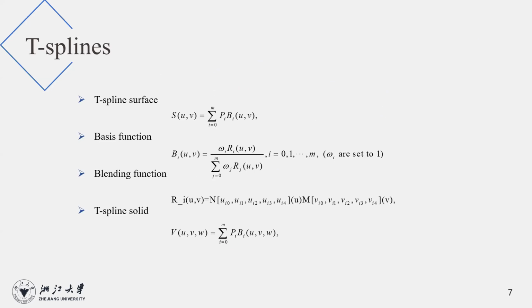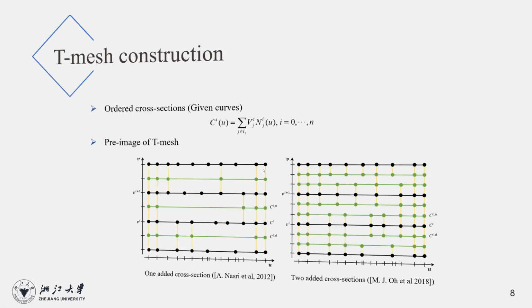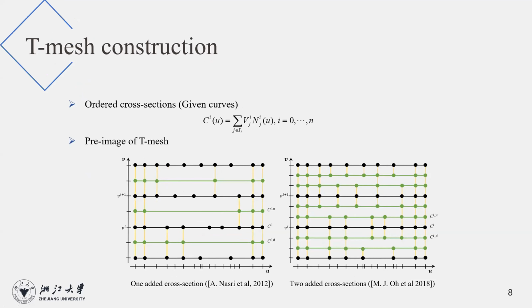Here, we introduce some basic theories of T-splines. It is noted that in the basis functions, the weights are all set to 1 in our work. According to the previous work, the T-mesh can be constructed by adding 1 or 2 intermediate cross-sections between the given curves.